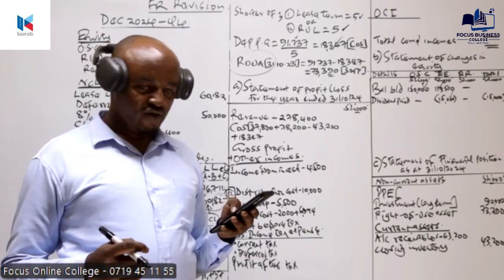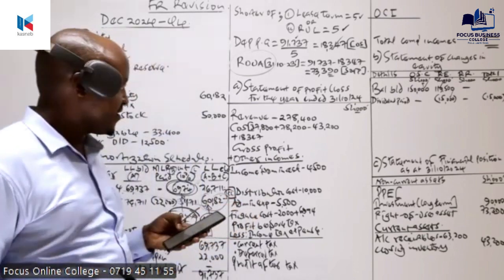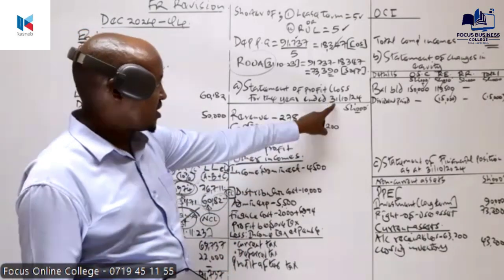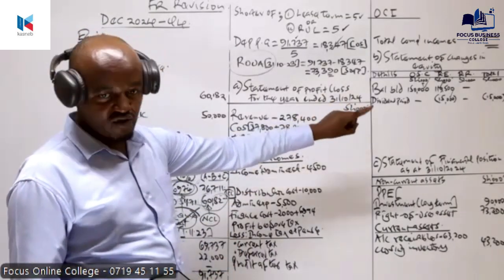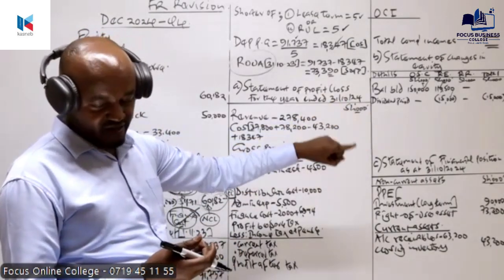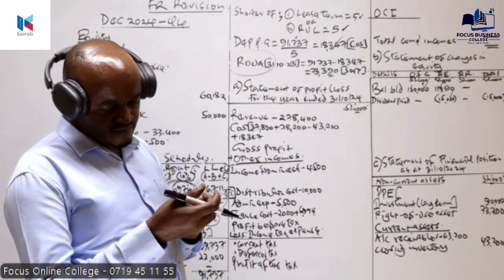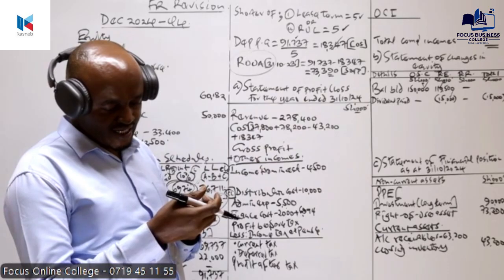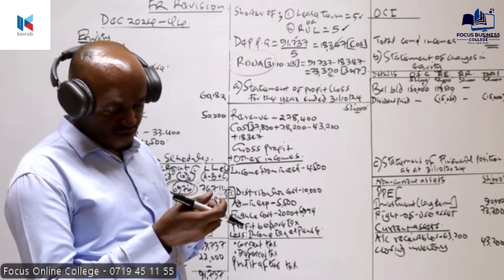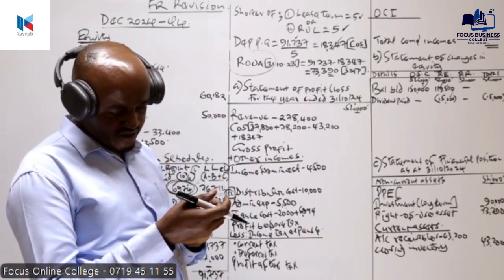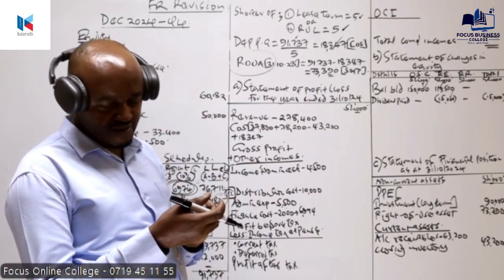However, on 1st November 2023, which is the start of the current year, because this year ended 31st October 2024, land and buildings were professionally valued at 175 million and 80 million, respectively.